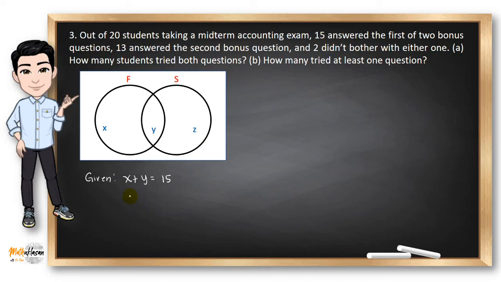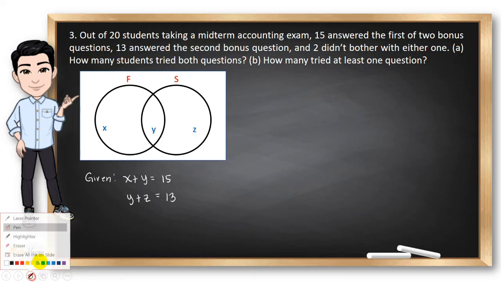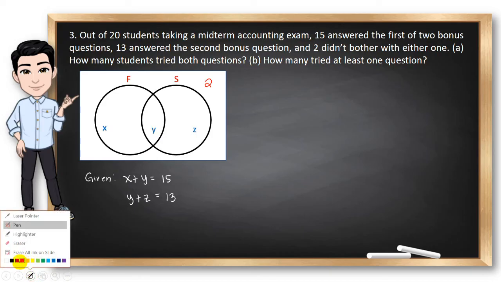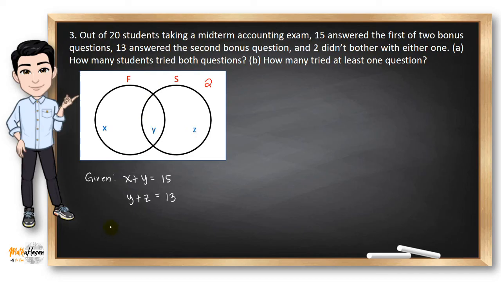So this is y plus z equals 13. The third given says 2 didn't bother with either one. So if we write it in the Venn diagram, 2 is outside the two overlapping circles, or the area outside these two sets.